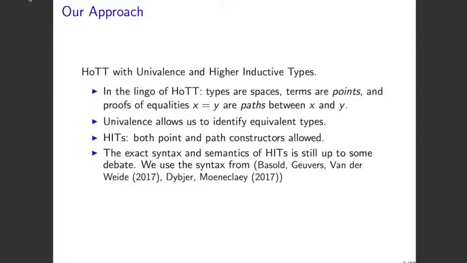In contrast to inductive types, where only point constructors are allowed, in higher inductive types we can provide path constructors as well. The exact syntax and semantics of higher inductive types is still up to some debate. However, the approach we take satisfies the general syntax for higher inductive types from those two papers published last year.